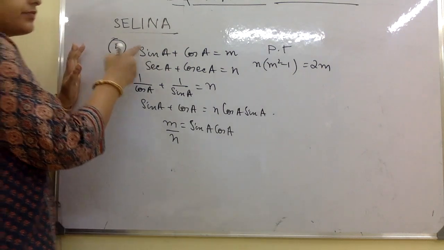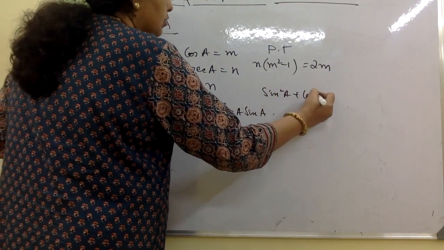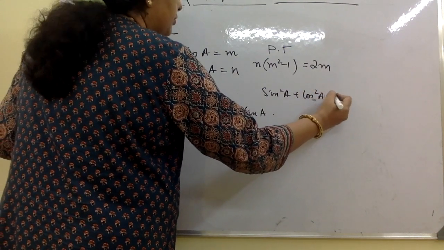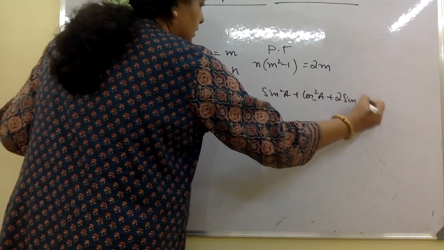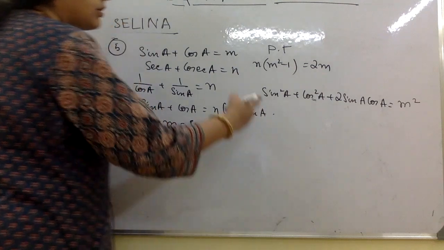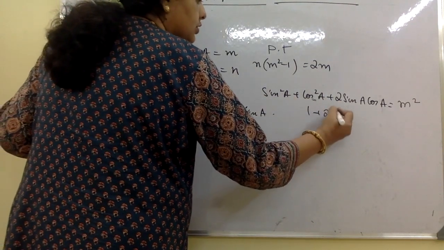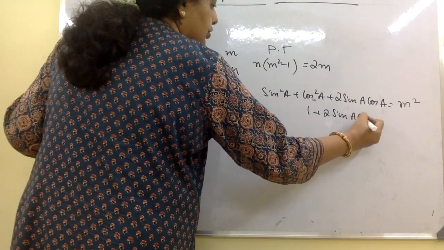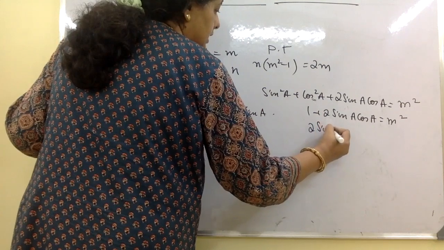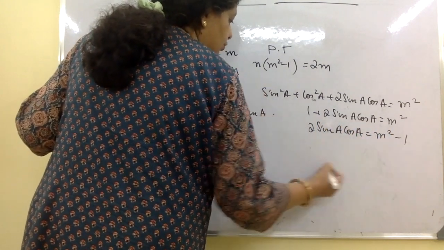We will square the first statement now. Sin square a plus cos square a plus 2 sin a cos a is equal to m square. A plus b whole square I have used. This portion becomes a 1. 1 plus 2 sin a cos a is equal to m square. 2 sin a cos a is equal to m square minus 1.